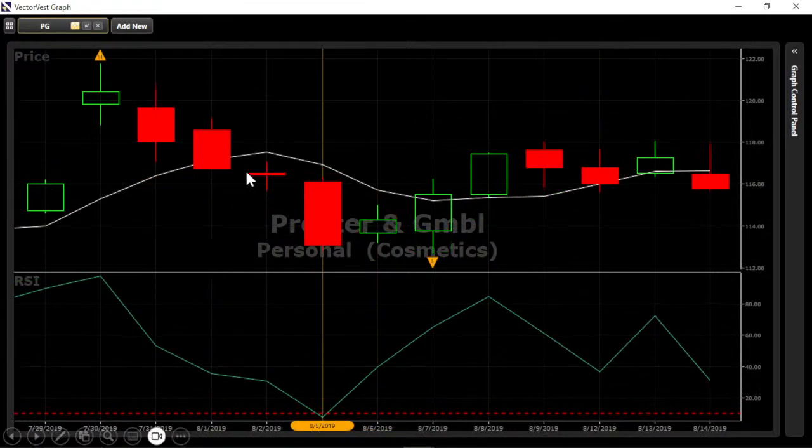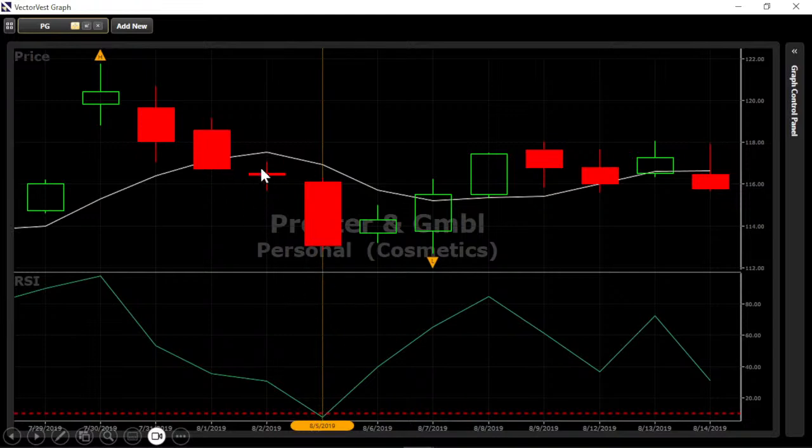The next setup was August 5th of 2019. The price of the stock is still above the 200-day moving average, but it's experiencing a short-term correction where it falls below the 5-day moving average. And, not or. If it was or, the 2 days prior to August 5th would have been setups, right?